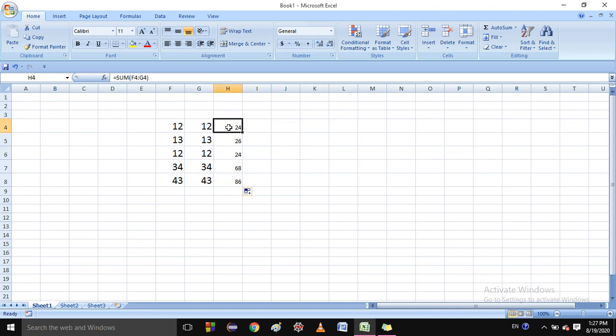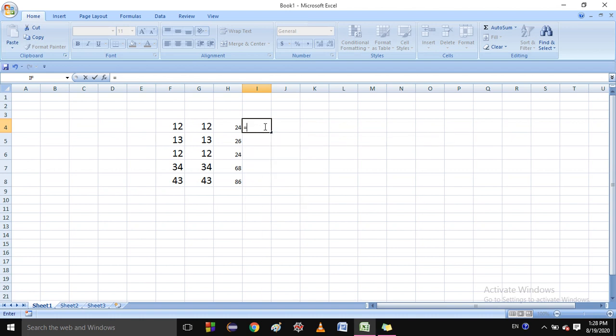But students, as you are able to see here, when you stretch it with autofill, all the additions are done. That means the row addresses are changing. But suppose I want to sum and then multiply each cell by this cell. How will you write this?